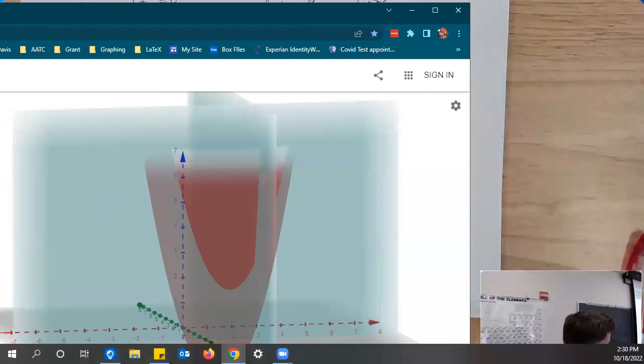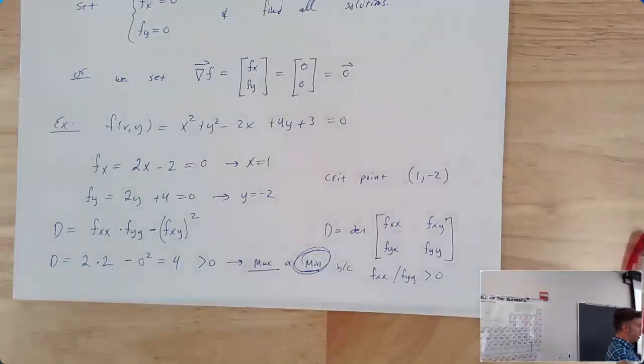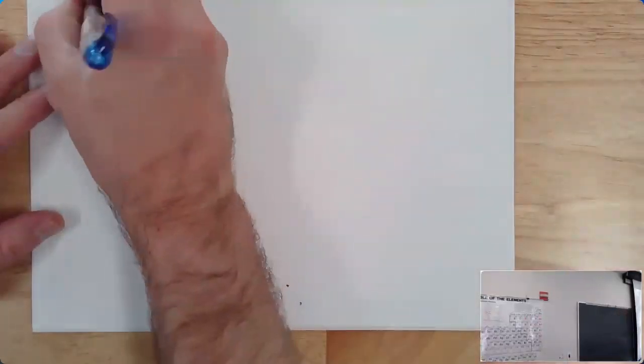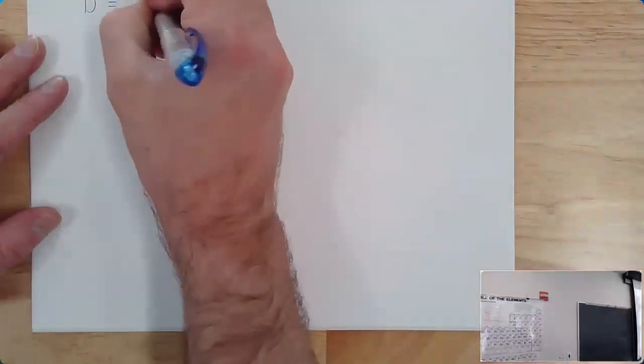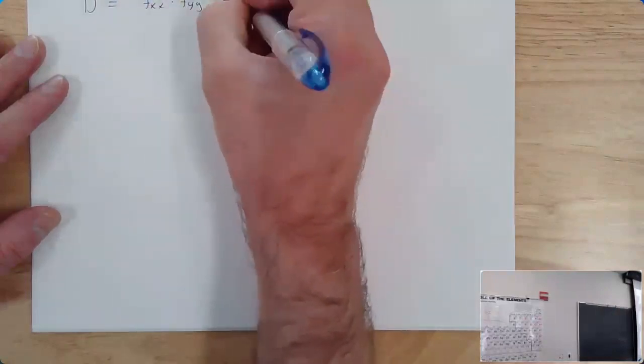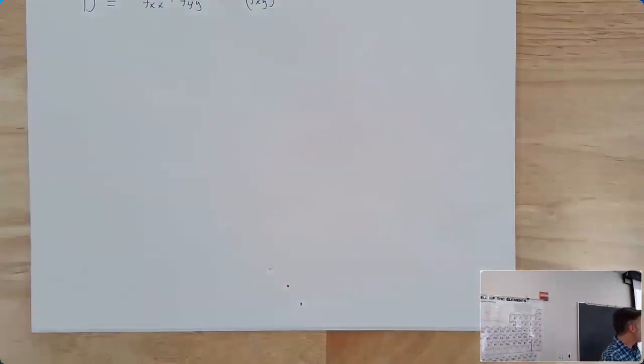But let's talk about what we need to check. When we calculate D, which is fxx times fyy minus fxy quantity squared, three things can happen.